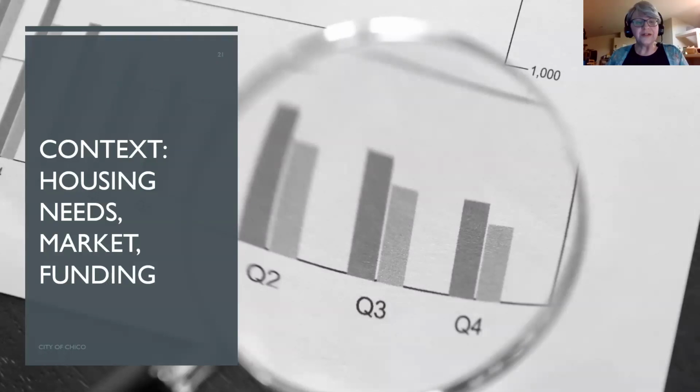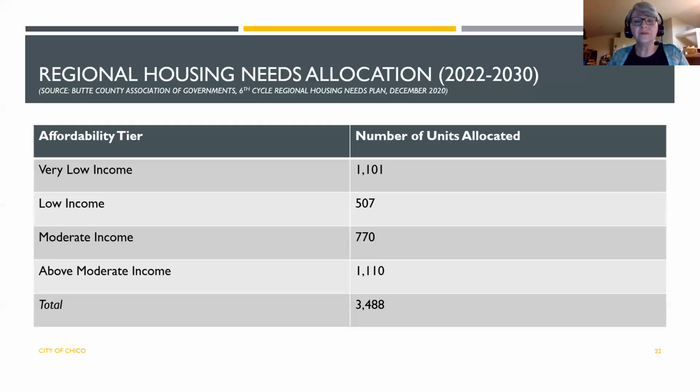All right, now we're going to provide some context for the discussion in terms of housing needs, market, and funding. So now we're going to talk about the regional housing needs allocation, which has been established for this housing element update for the period 2022 to 2030. So you can see again the breakout here as you saw on the previous chart.